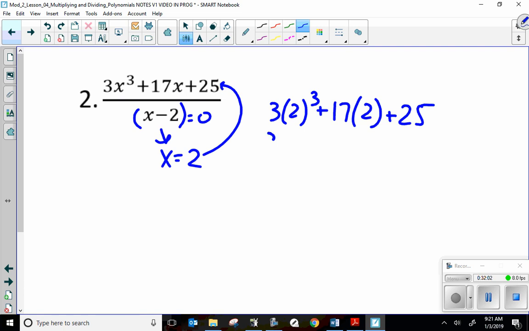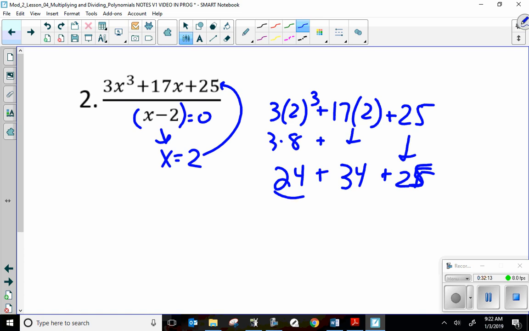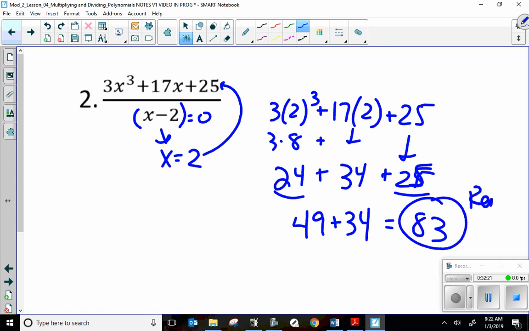This is 3 times 8, which is 24, plus 34, plus 25. So 24 and 25 is 49, plus 34 is 83. That's your remainder. Your remainder is 83.